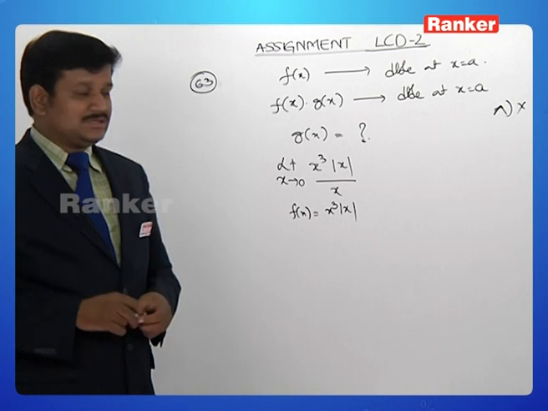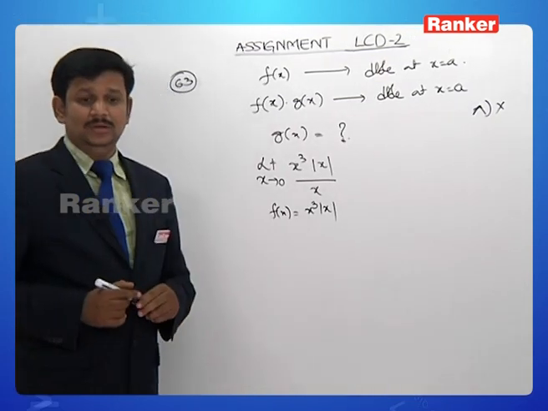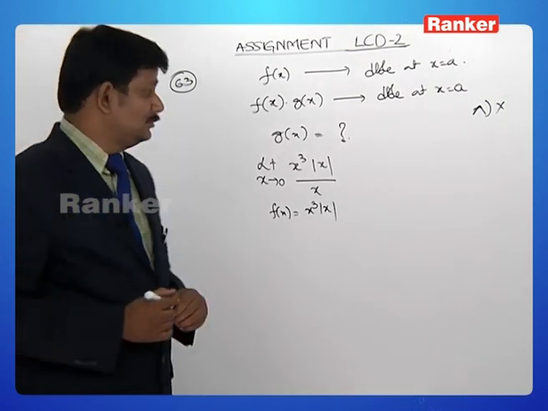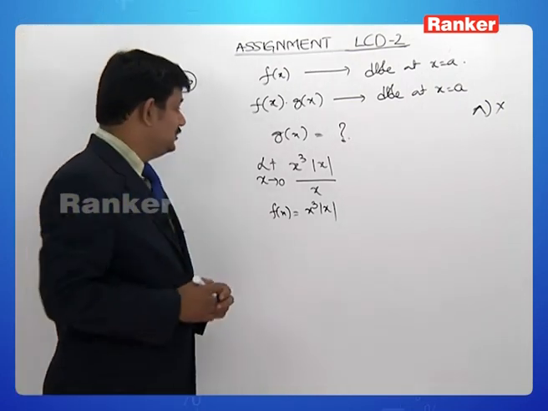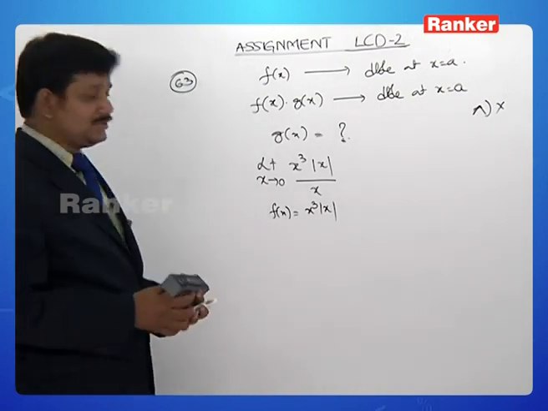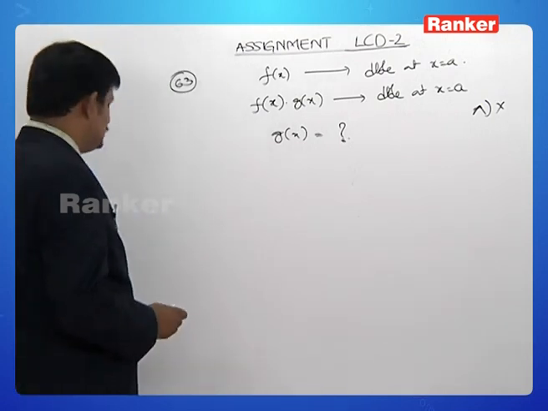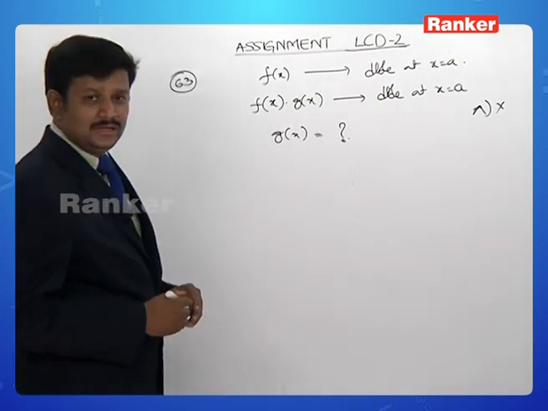If g of x is discontinuous, then f of a has to be 0. That is what option B says. Let us see why. It is given that f of x into g of x is differentiable at x equal to a.